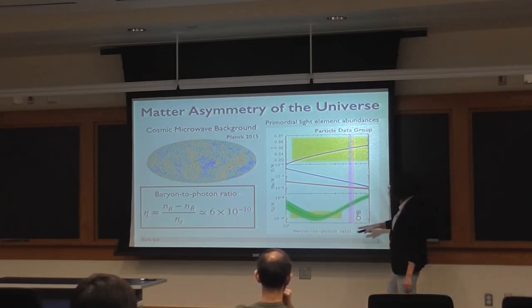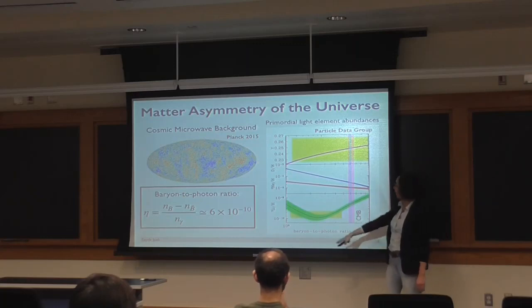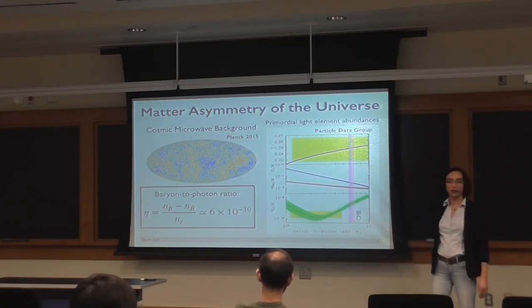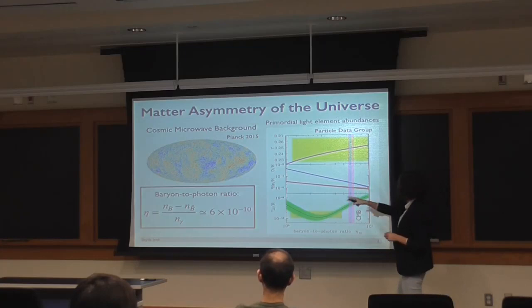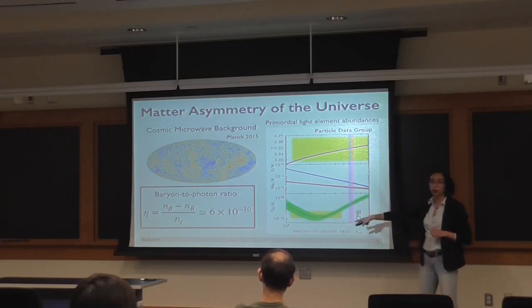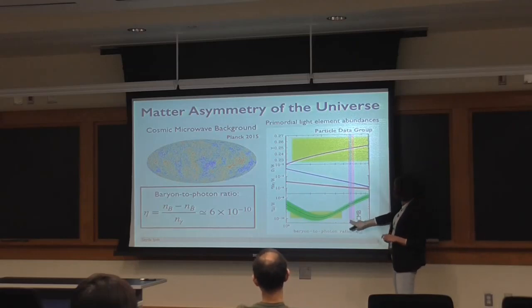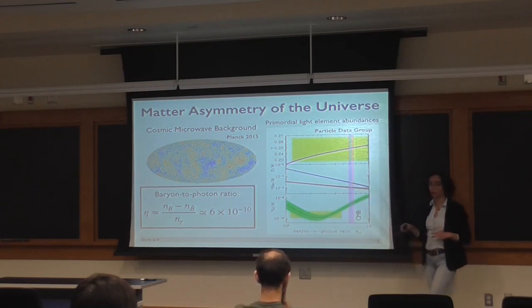This is a plot of eta, the baryon to photon ratio, and the y-axis is the abundance of elements that were produced at the time of Big Bang nucleosynthesis. These are the first elements produced in the universe, and their abundance depends on the matter-antimatter asymmetry. This purplish bar is the measurement from the CMB, 6 times 10 to the minus 10, and these yellow bars are the measurements of the light elements.